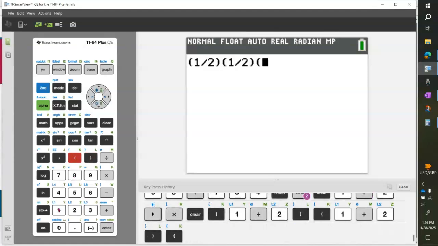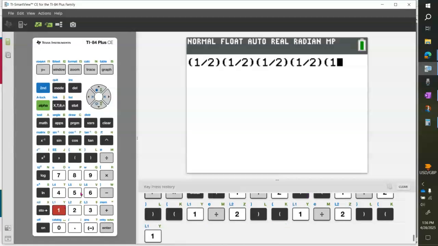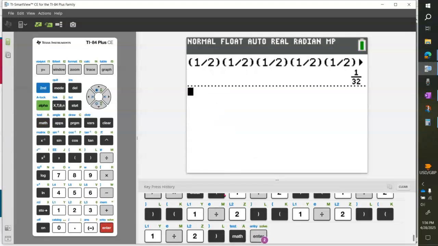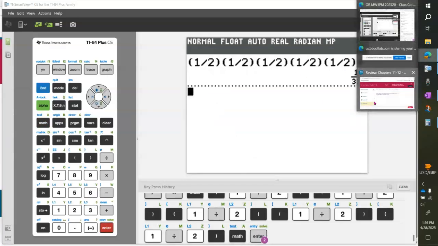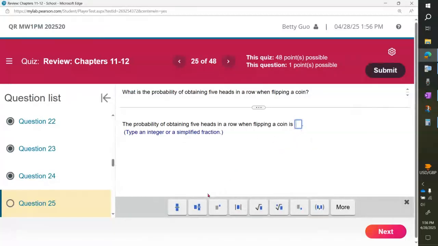The third time, the chance is 1 over 2. The fourth time is 1 over 2 as well. Every time is 1 over 2, and the fifth time is 1 over 2. You can raise it to the power of 5. So the fraction is 1 over 32. Five times in a row, so 1 over 32.